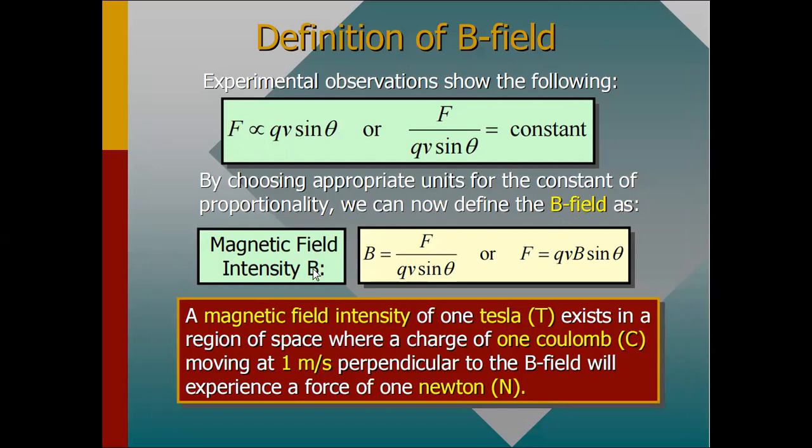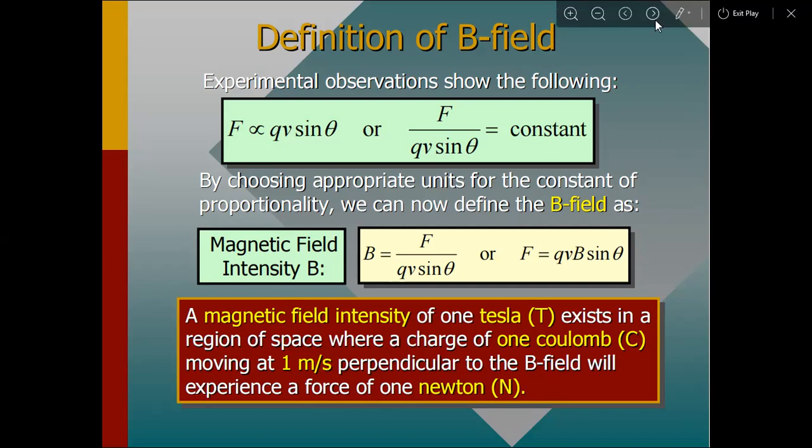Magnetic field intensity B can be denoted as F over qv sin theta. A magnetic field intensity of 1 Tesla exists in a region of space where a charge of 1 Coulomb moving at 1 meter per second perpendicular to the B field will experience a force of 1 Newton.